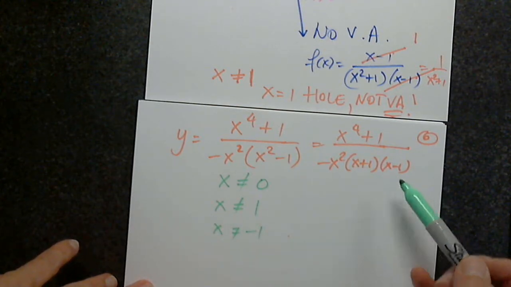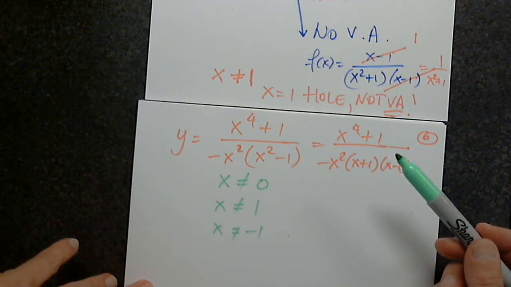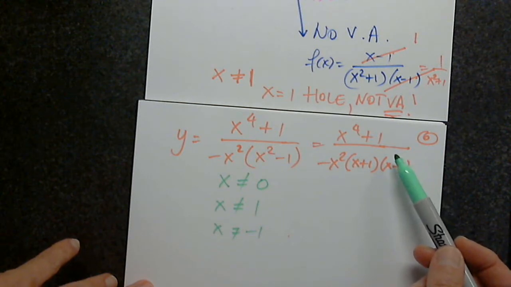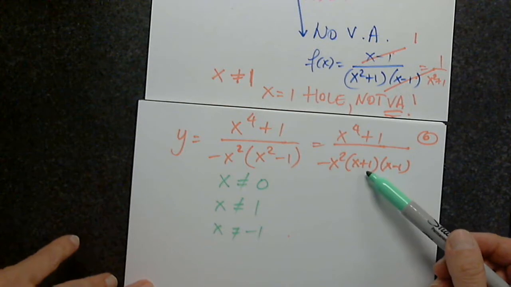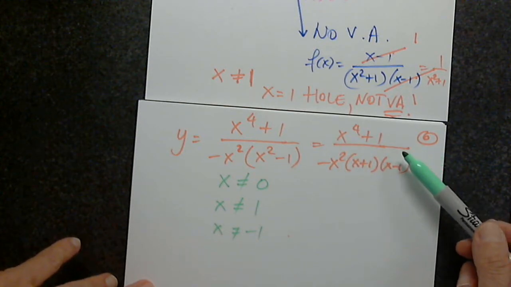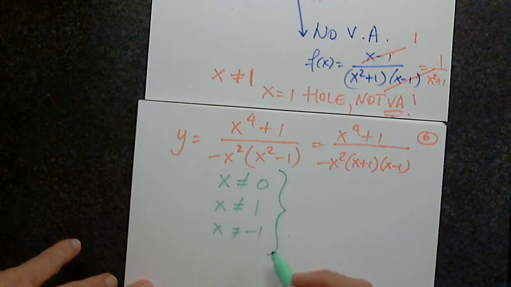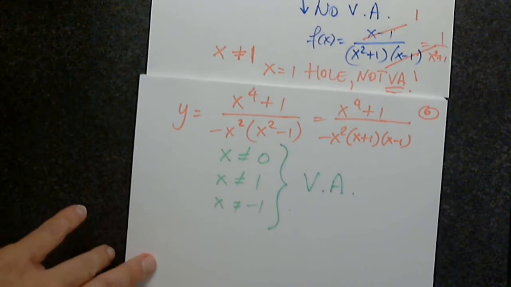Does any of these factors disappear with an identical factor from the top? Can I simplify x squared with an x squared or an x from the top? No. Can I simplify x plus 1 with a factor of x plus 1 from the top? What about x minus 1? So then I know for sure that all these mean vertical asymptotes.